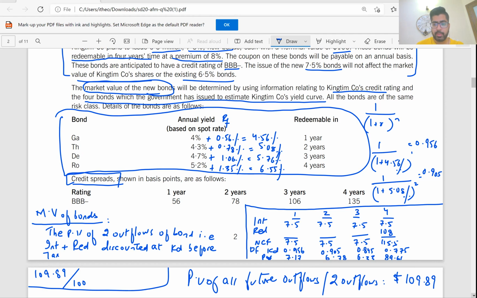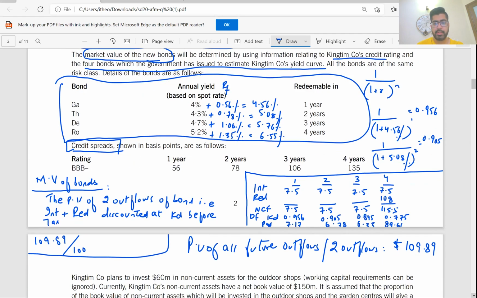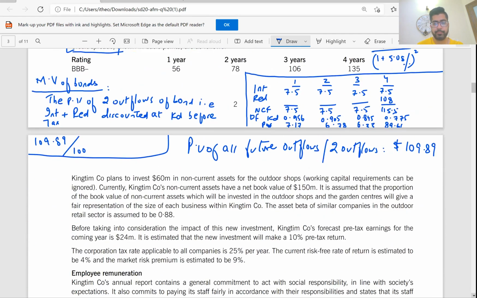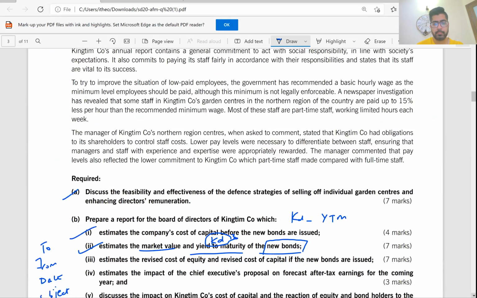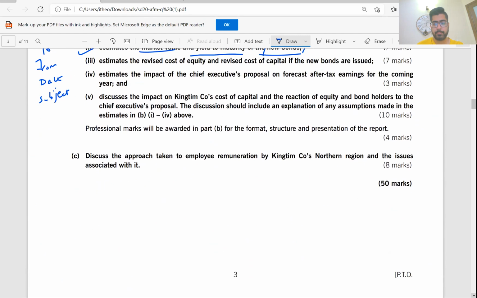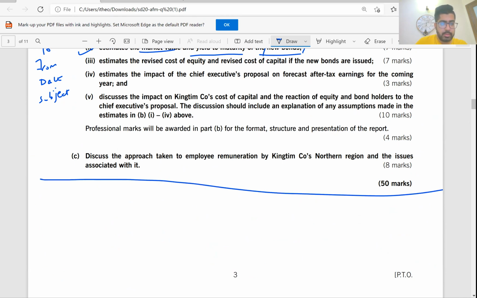Okay, now after you get the market value of bonds, you're also asked to find yield to maturity, that is KD. When the question is asking you to find yield to maturity or KD, you might have studied in your papers that to find KD, cost of debt, you have to see whether the bond is redeemable, irredeemable, or convertible.